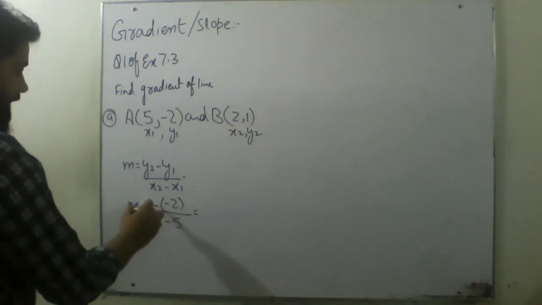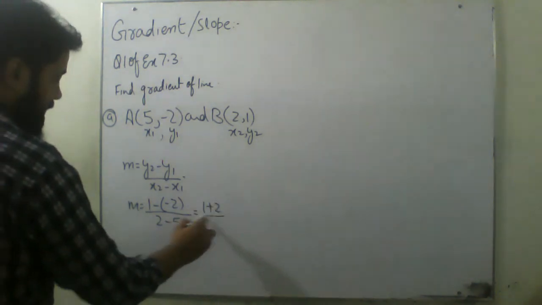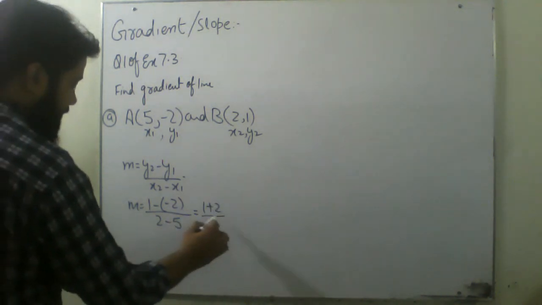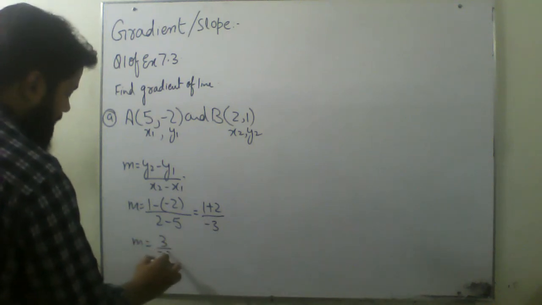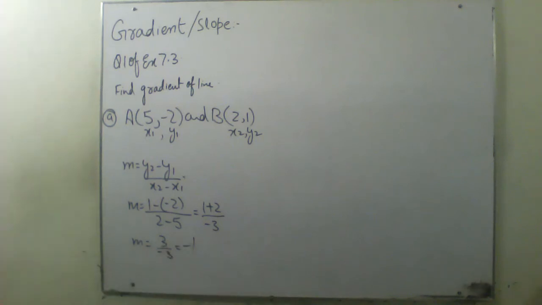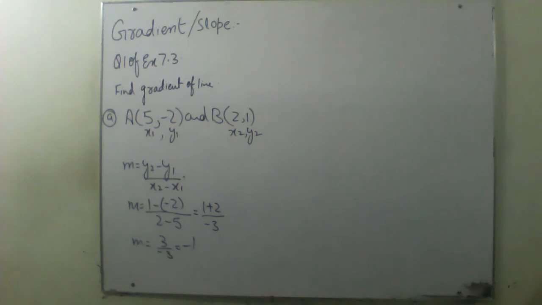So when I will simplify it, 1 plus 2 over 2 minus 5 will be minus 3. Simplifying it further, 3 over minus 3, and the result will be coming minus 1. That's the gradient for part A.